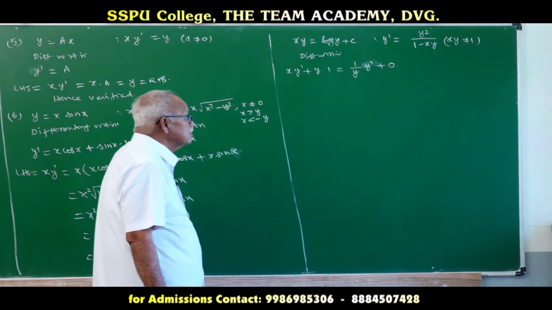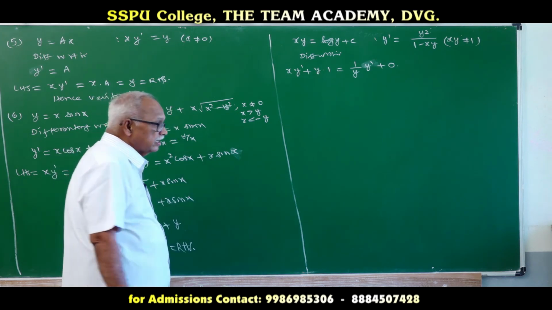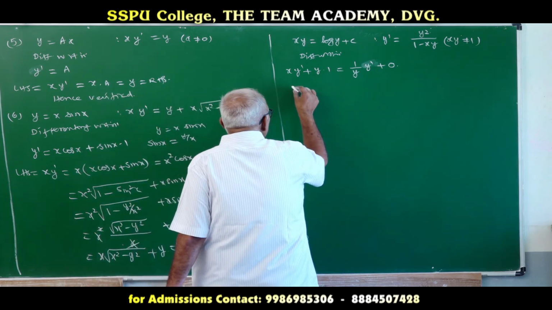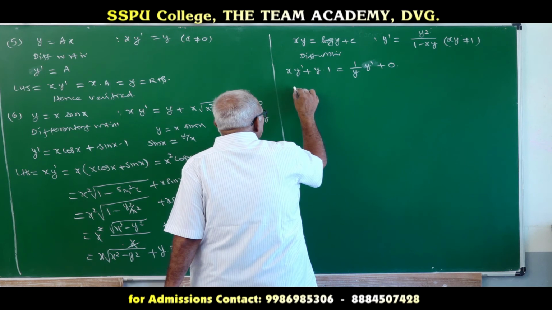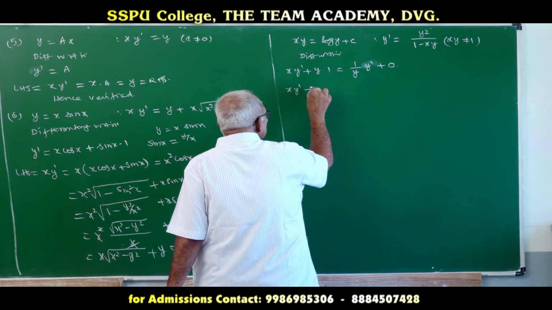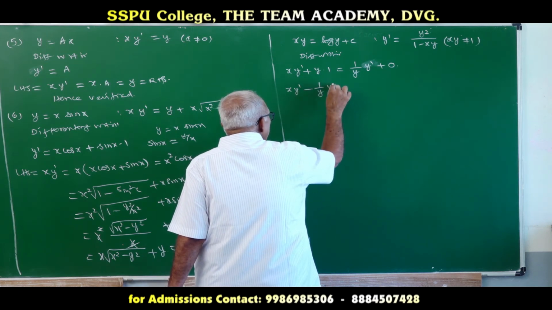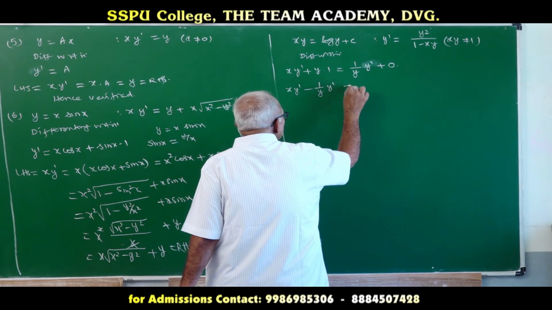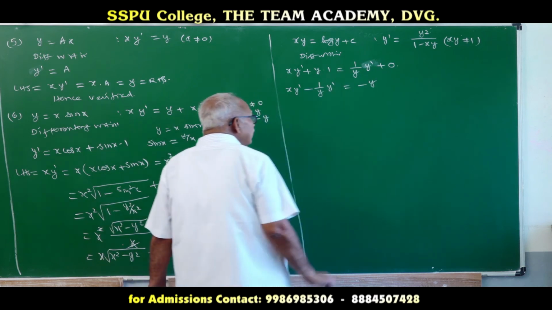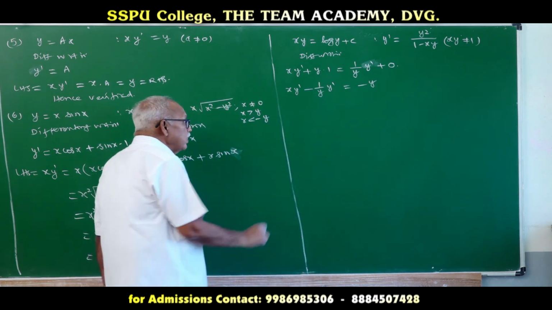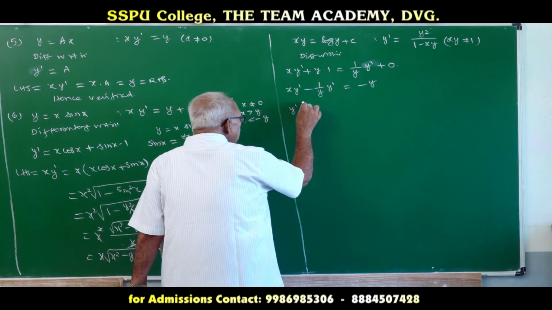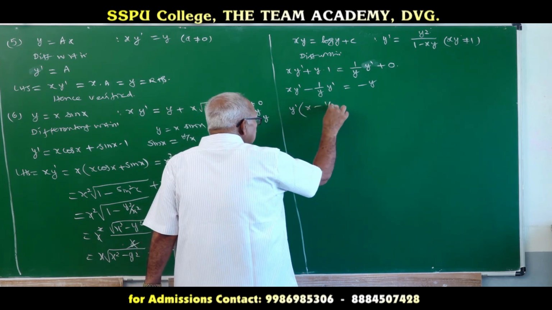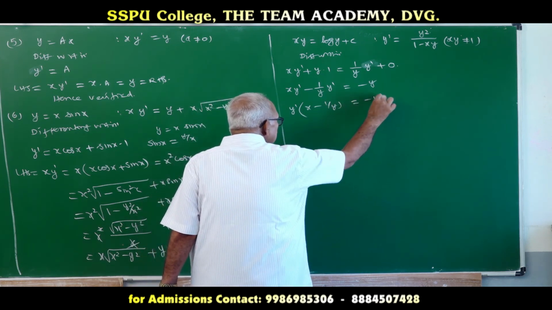So, that is the differentiation here. Now, x y dash minus 1 by y y dash is equal to minus y.